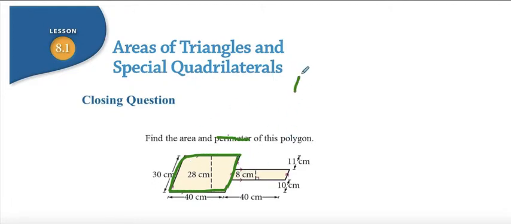So remember, the area of a parallelogram is just going to be base times height. So in this case, if I use 40 as my base, and my height right here is that perpendicular length, I have 40 times 28.